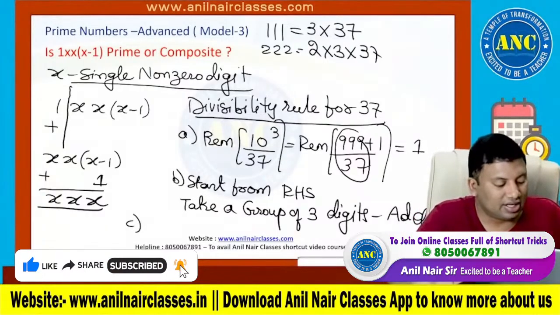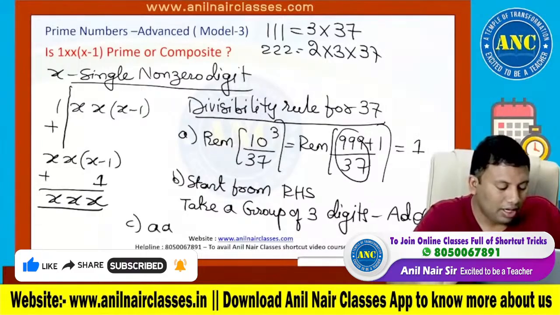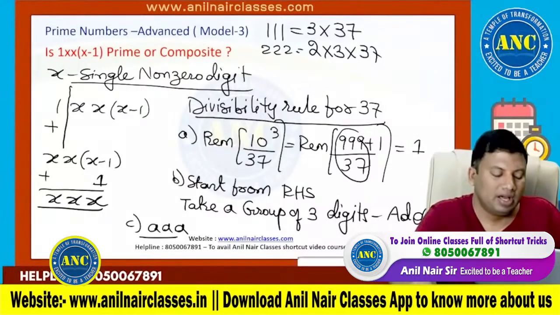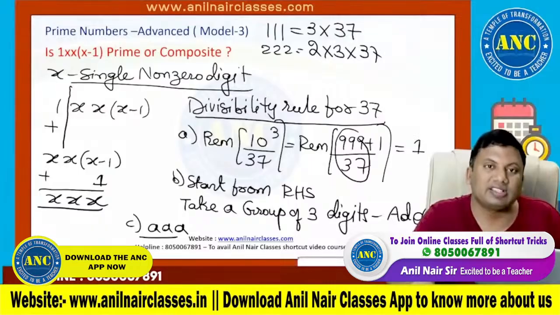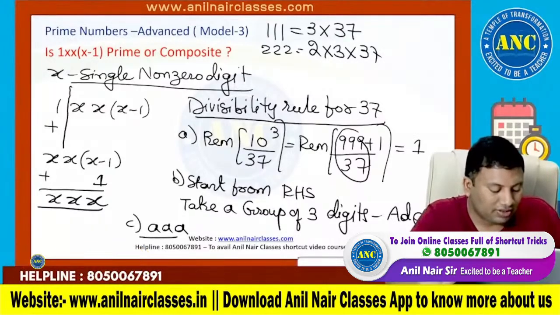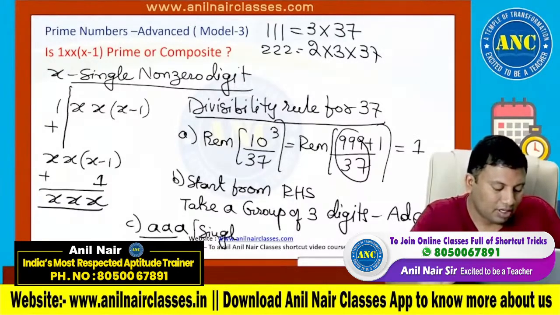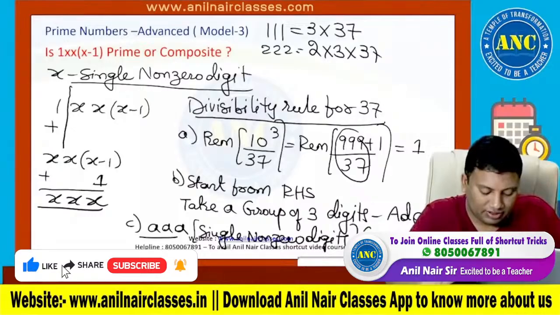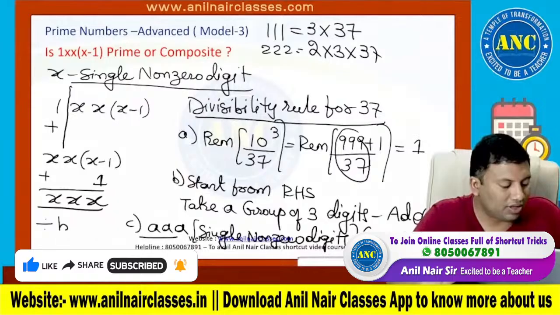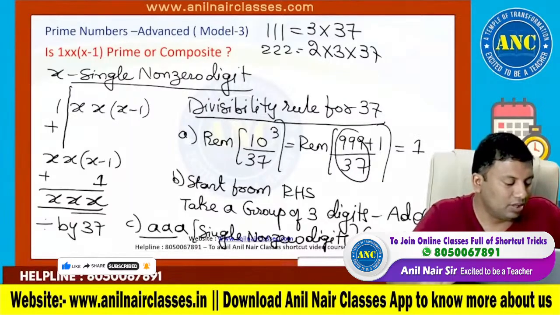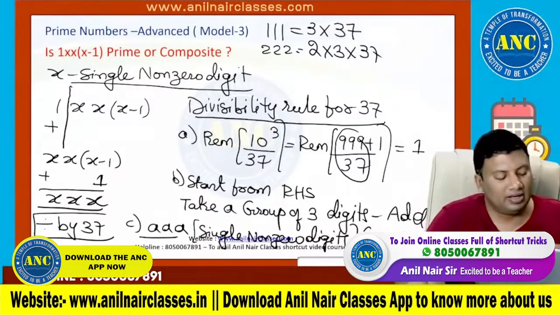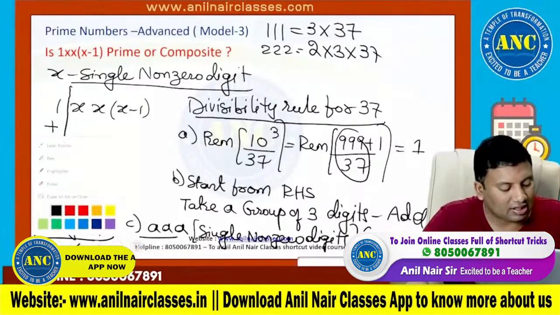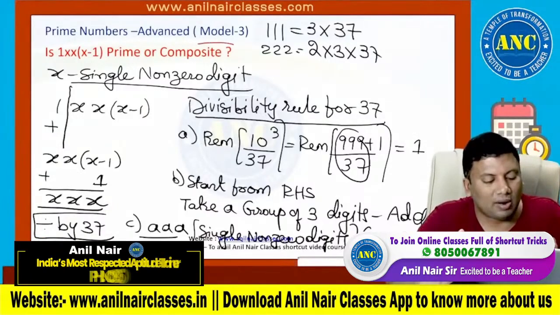Any number of the form AAA, where a single non-zero digit is written in groups of 3, is always divisible by which number? 37. Any number divisible by 37 other than 37 itself is a composite number.